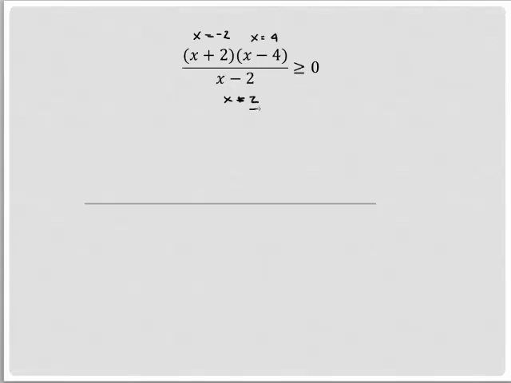All right, let's set up our chart. I gave a lot of room here. Pinpoints are 2, 4, and -2. -2, 2, 4, and we'll put all of our products here. x plus 2, x minus 4, and x minus 2.